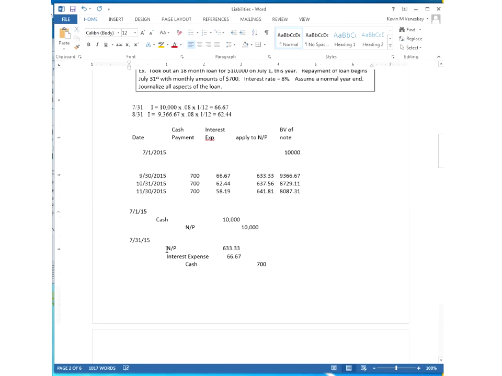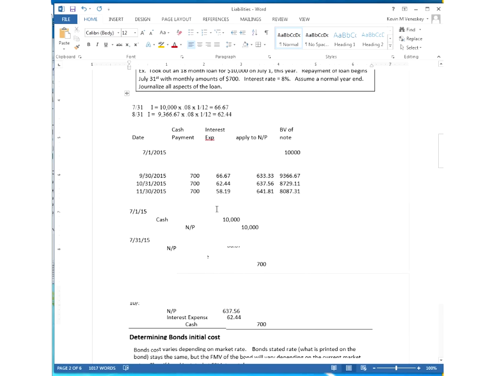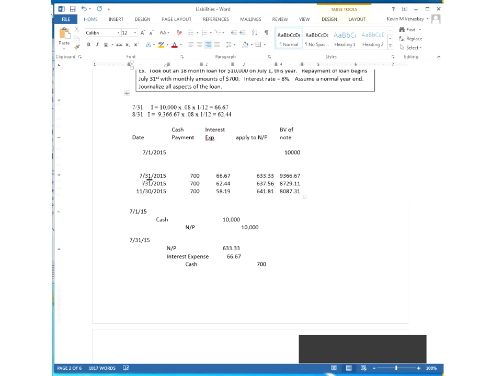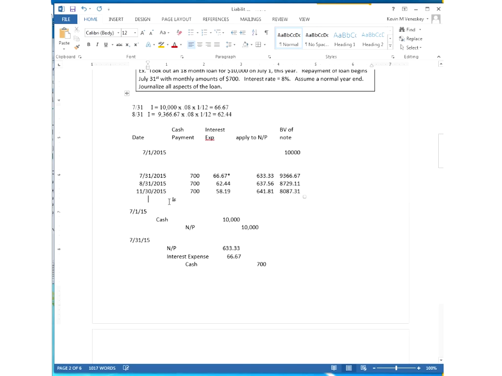Now I come to the first payment that's due, and I can walk you through how I got some of these numbers. The $700, that's obviously given to us. And then our interest expense, all I did is take $10,000. Let me show, I'll type this out so you can see it.